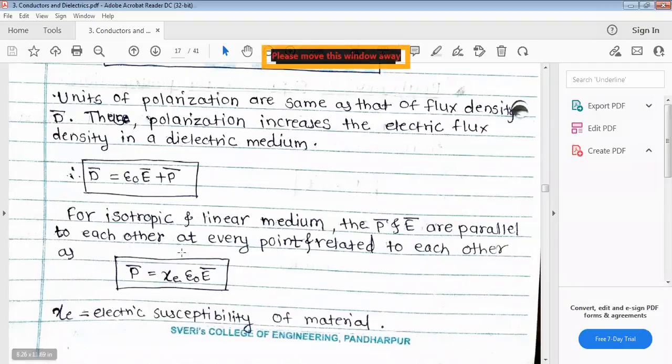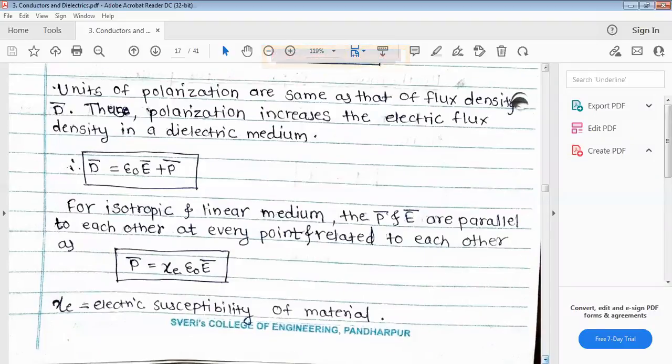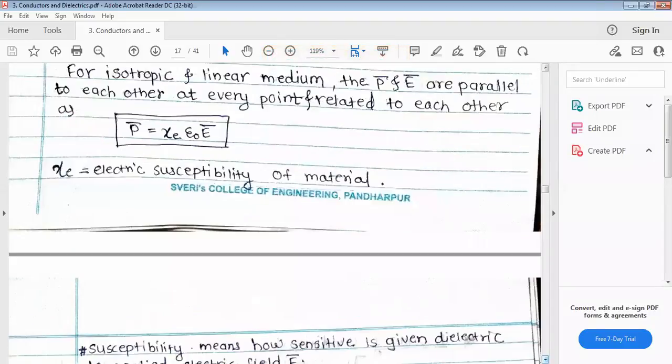and related to each other as P bar is equal to Xe into epsilon 0 E bar. The relation between P bar and E bar is P bar equal to Xe into epsilon 0 E bar, and this Xe is the electric susceptibility of the material. This question can also be asked.